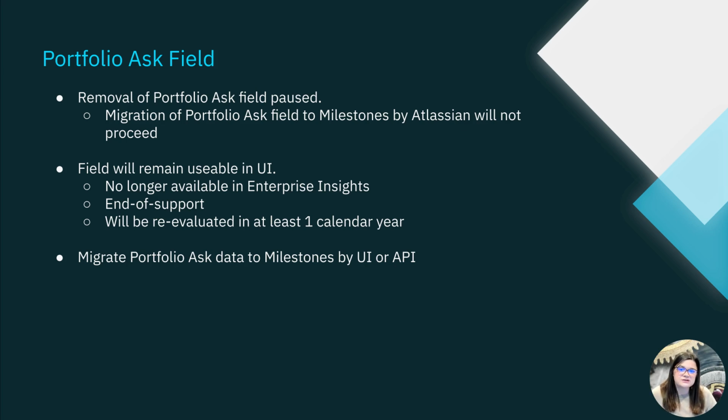Those instructions are included in the release notes, which are linked in this video. Overall, if you use the portfolio ask field today, you can continue using it, but we do recommend making a plan to move to the milestones functionality, as Atlassian has indicated that they do plan to still fully remove this field eventually.